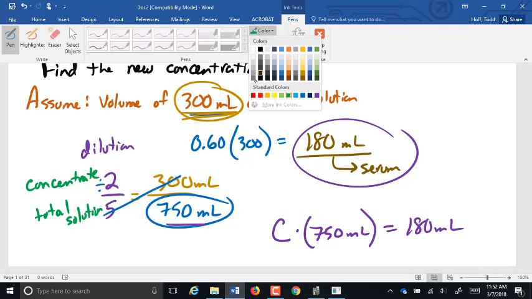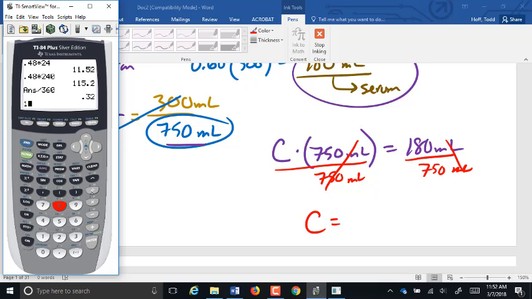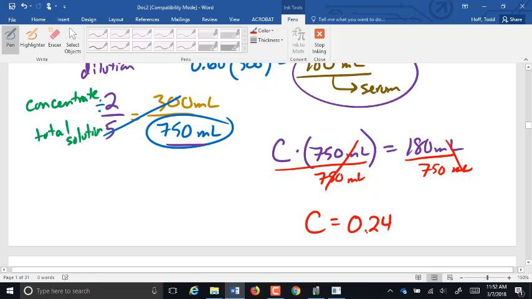If we divide this by 750, 180 divided by 750 gives us 0.24. So it is now diluted to 24%.